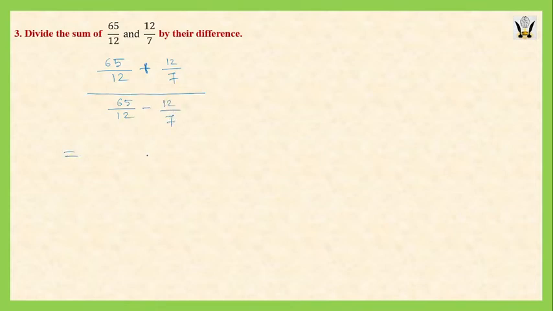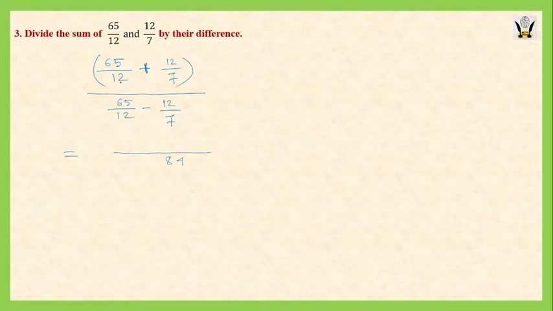Now if we simplify further, between 12 and 7, if we perform the LCM, it will be 84. So in the numerator of the division, we again have a numerator and denominator for this addition part. First we perform this addition, and for that addition, in the result, the denominator will be 84.